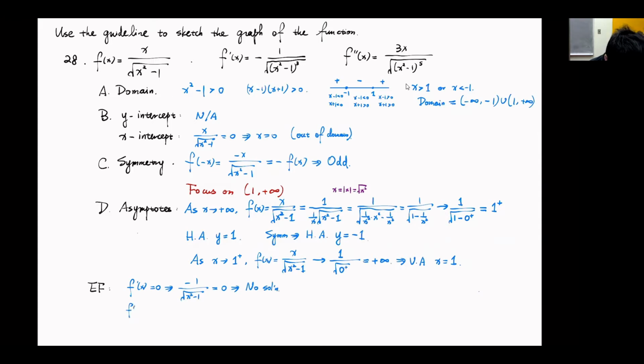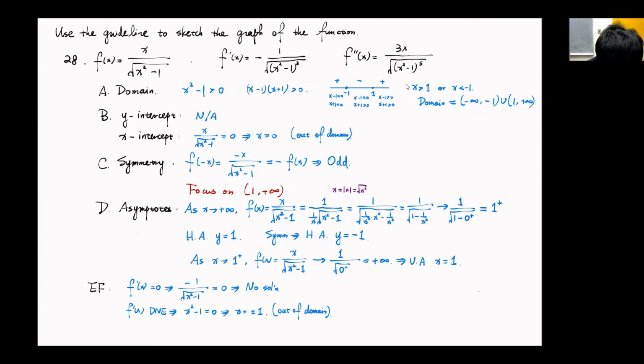But f prime of x does not exist is possible. This basically means x squared minus 1 equals 0, and then you get x equals plus or minus 1. But plus minus 1 are out of domain. So there are really no critical numbers that ever existed.